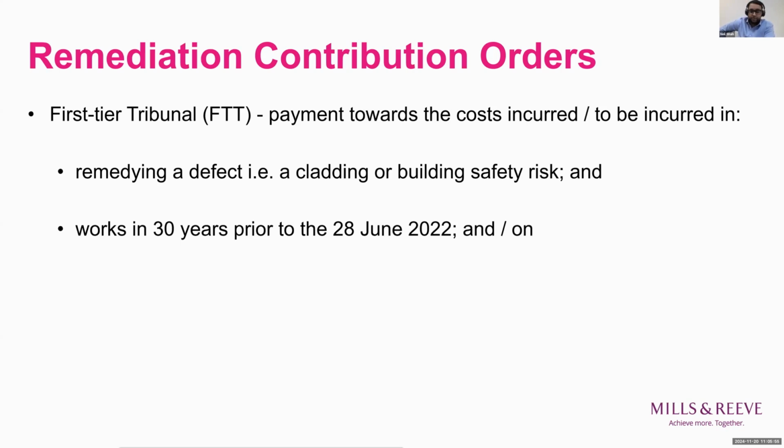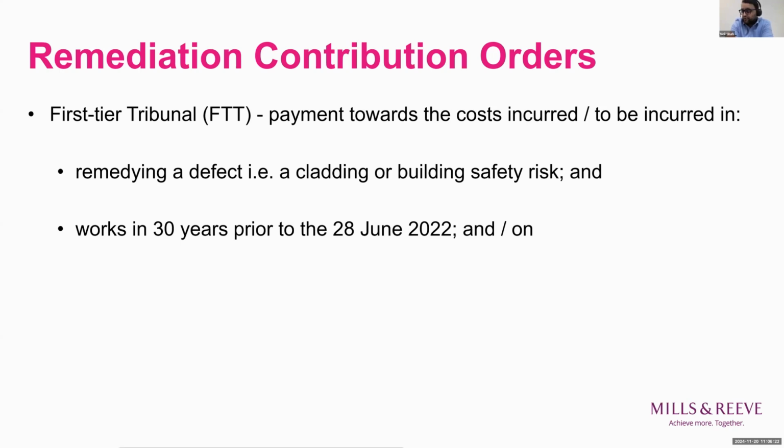Interested person, as I just touched upon, is the Secretary of State, regulator, local authority, fire or rescue authority, or, as we'll probably see more commonly used, a person with a legal or equitable interest, so leaseholders and the like, as we'll come on to in the case that we've seen. And a relevant defect is a cladding or building safety risk defect. It's quite wide in that respect.